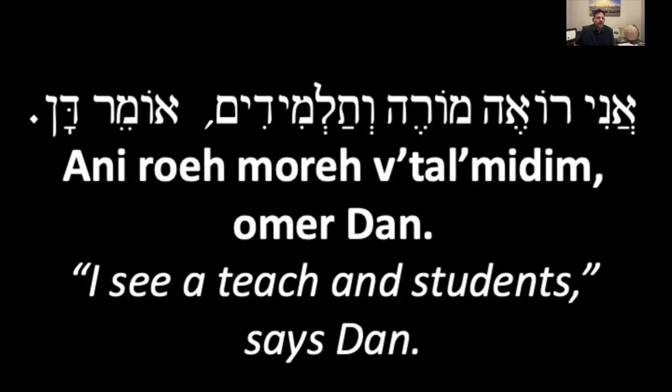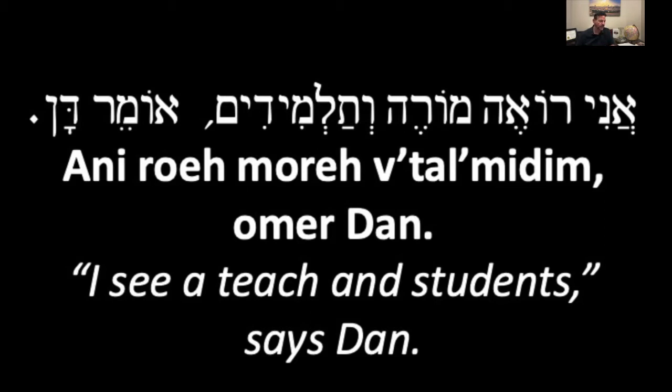This word, ro'eh, coming from ra'ah, resh, aleph, hey, means to see. So ani ro'eh, it's masculine present tense to see. Ani ro'eh, I see. Ani ro'eh more v'talmidim.